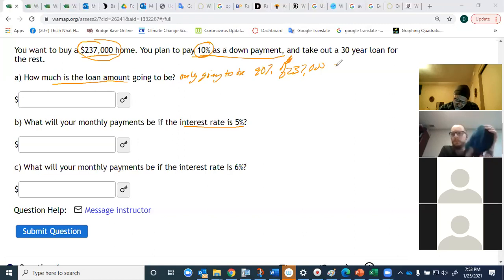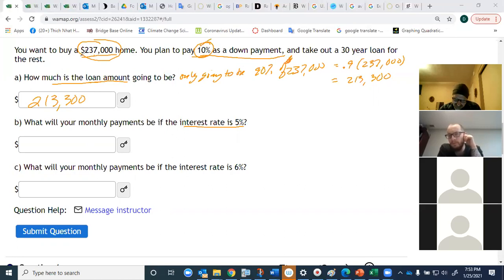So we can just take 0.9 times 237,000. Pretty quickly, 0.9 times 237,000. And there we are, on my calculator, $213,300. So that's all you have to borrow for the loan if you're paying 10% down.